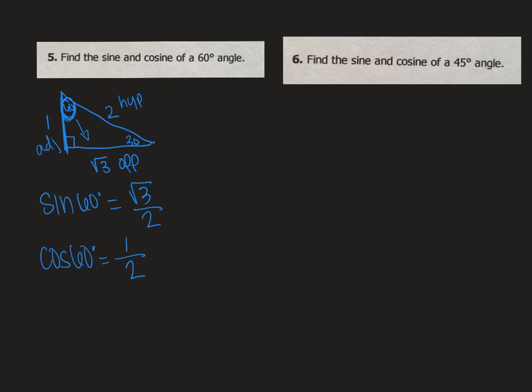Your long leg is always going to be your short leg times the square root of 3. So when you write those as a ratio, as a fraction, it's always going to simplify down to square root 3 over 2 for your opposite and your hypotenuse. And it's always going to simplify down to 1/2 for that adjacent and your hypotenuse from your 60-degree angle.